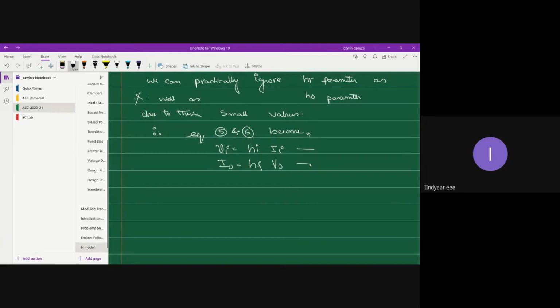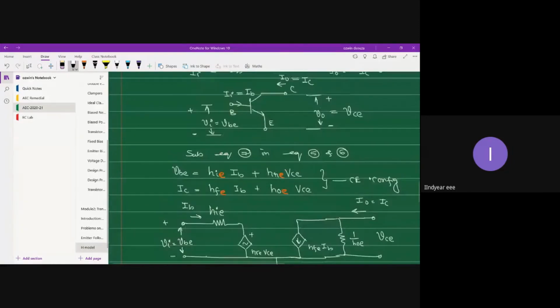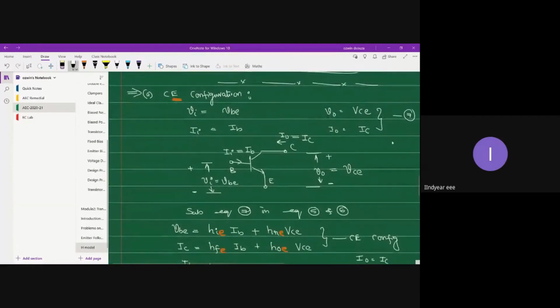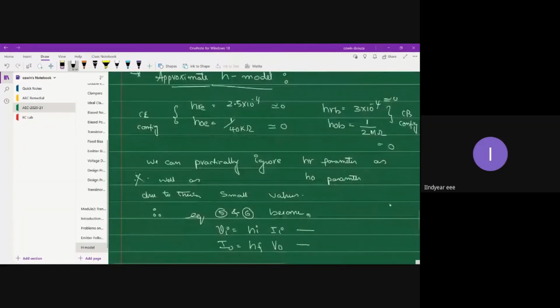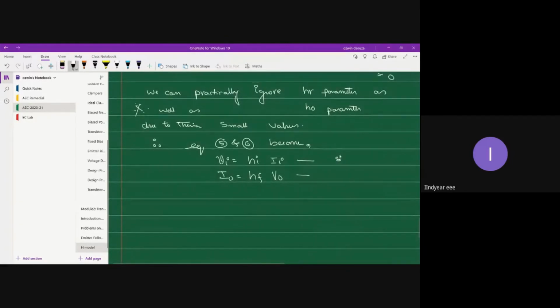Let's call these two equations 8 and 9. Now taking equations 8 and 9, we can have our equivalent circuit. Equation 8 represents the KVL equation, and equation 9 represents the KCL equation.